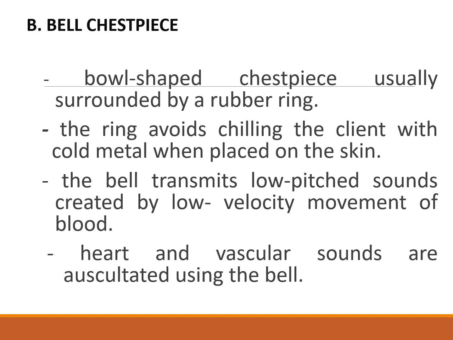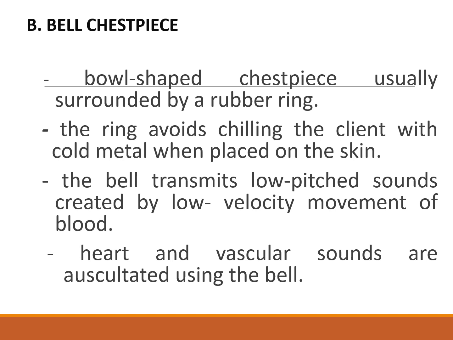The bell is a bowl-shaped chest piece usually surrounded by a rubber ring. The ring avoids chilling patients with cold metal when it is placed on the skin. The bell transmits low-pitched sound created by low-velocity movement of blood. We auscultate the heart and the vascular sounds with the bell. So we apply the bell lightly, resting the chest piece on the skin.